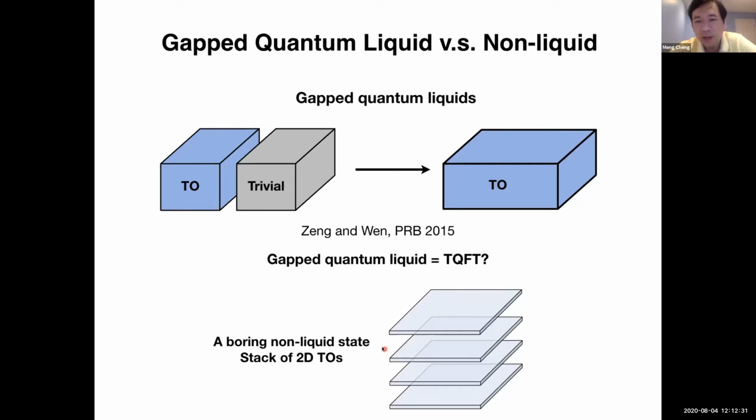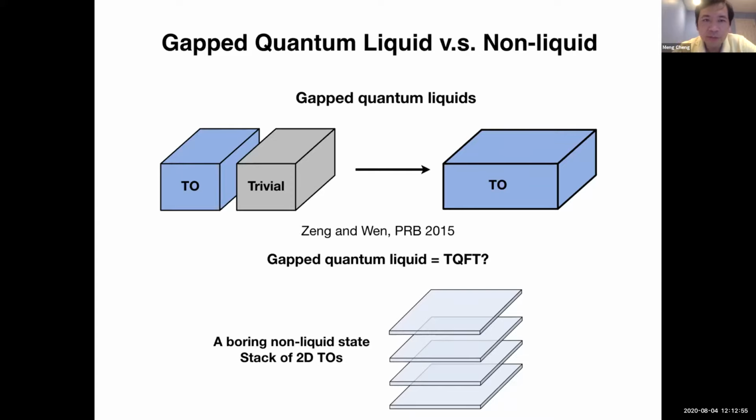You have to add these 2-dimensional layers, which are long-range entangled. Now, this makes it a non-liquid state. And you can also see that different numbers of layers correspond to different topological ground state degeneracies, so they cannot be adiabatically connected to each other for systems with different numbers of layers.